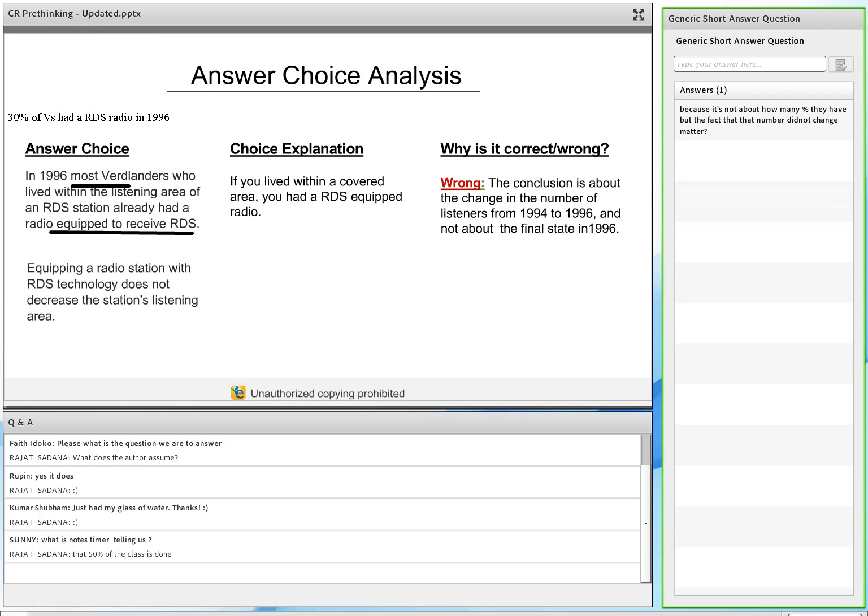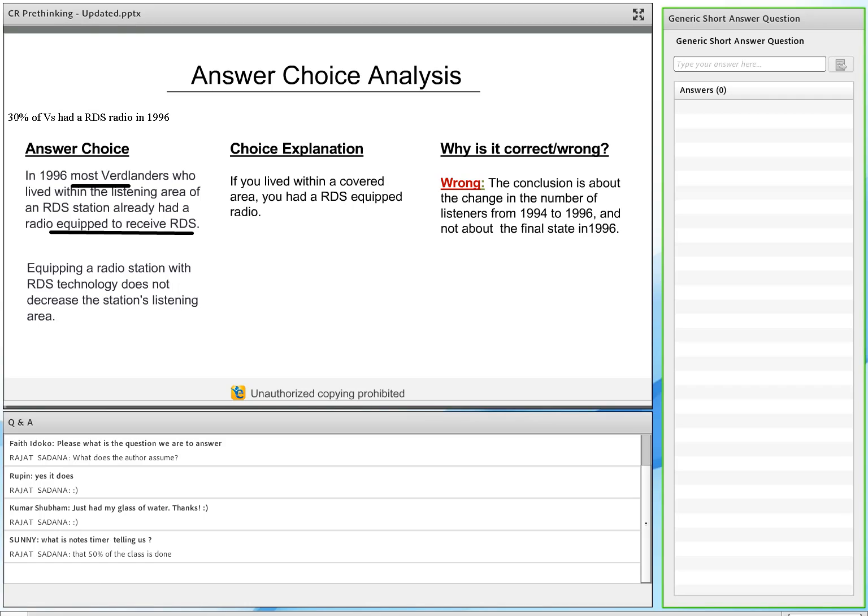Now, choice C was popular too. Neha, yes, you're absolutely right. It's not about what percentage, but the fact that it did not change between these two times. Choice C says, equipping a radio station with RDS technology does not decrease the station's listening area.